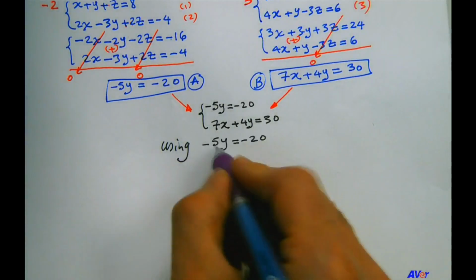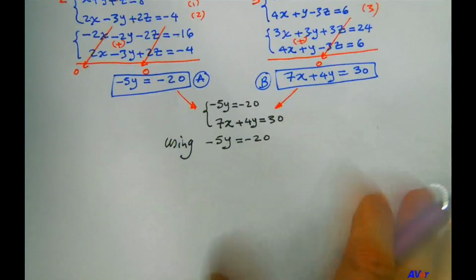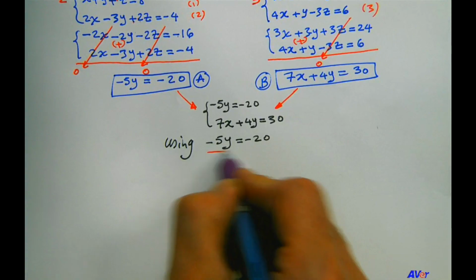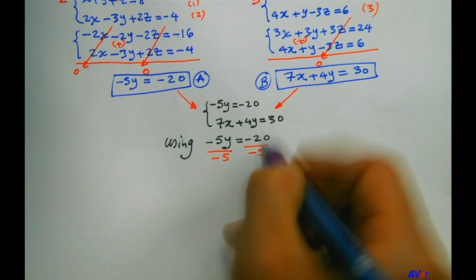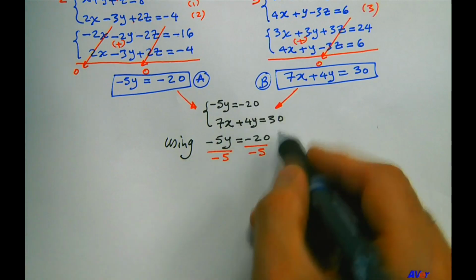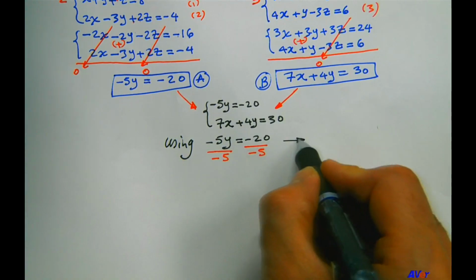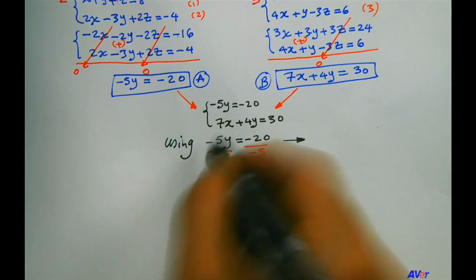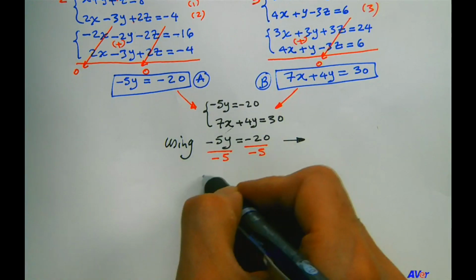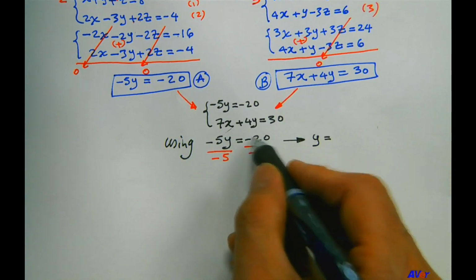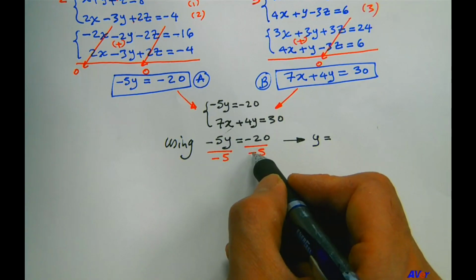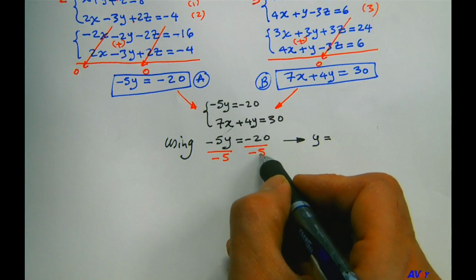Is y isolated? No, it's got a negative 5 next to it. How do we get rid of that? We divide both sides by negative 5. On the left, the negative 5 and negative 5 cancel out. We get y equals, on the right, negative divided by negative is positive, and 20 divided by 5 is positive 4.